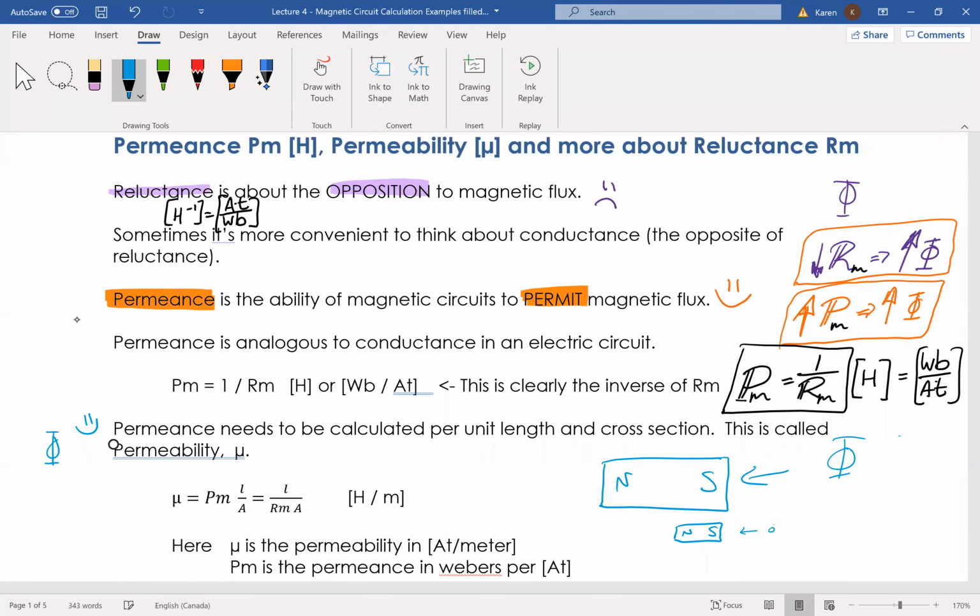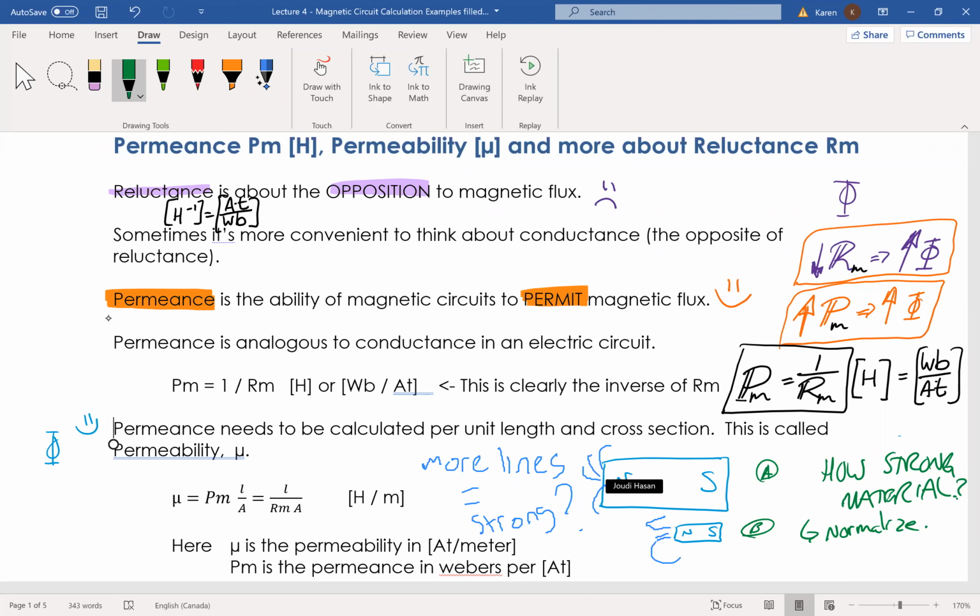All right, so yes, more lines of flux are going to be a stronger magnet, but these are both going to establish these lines of flux, so how strong is each material? What you're going to have to do is normalize, and normalize means divide by something.